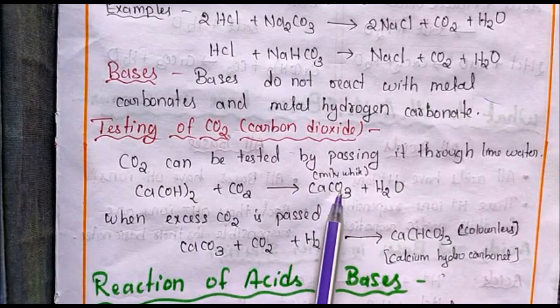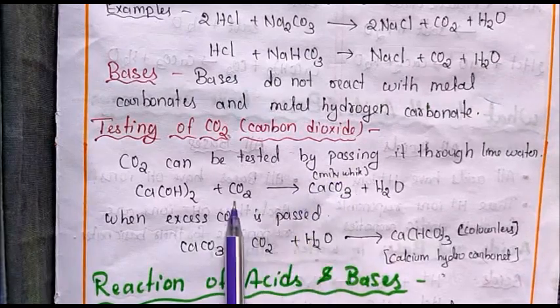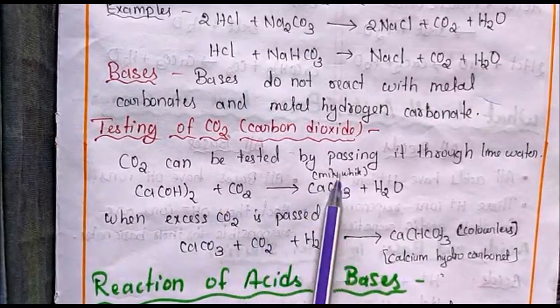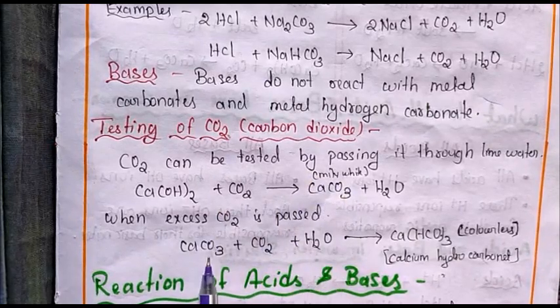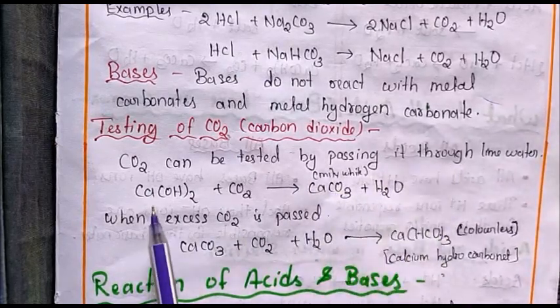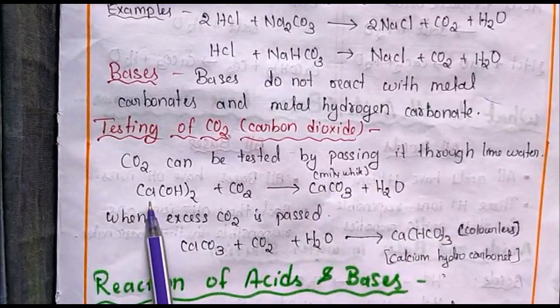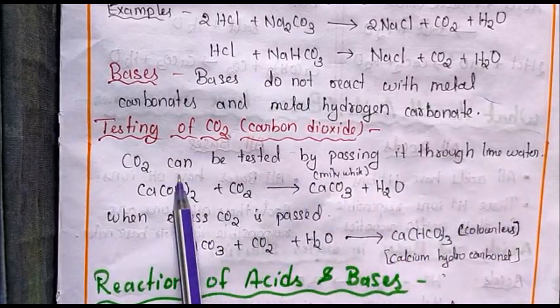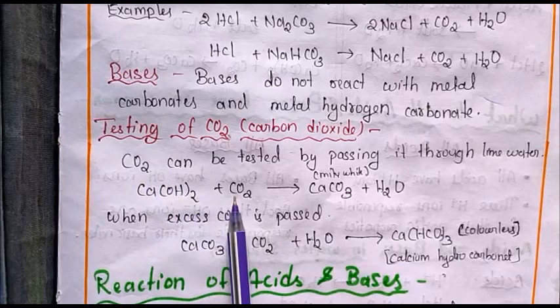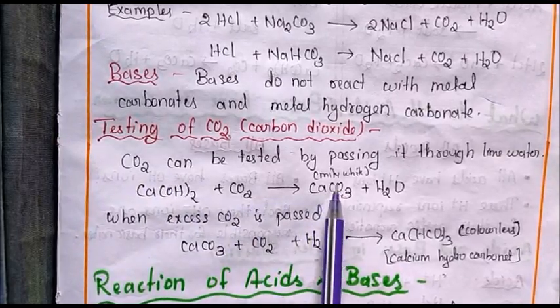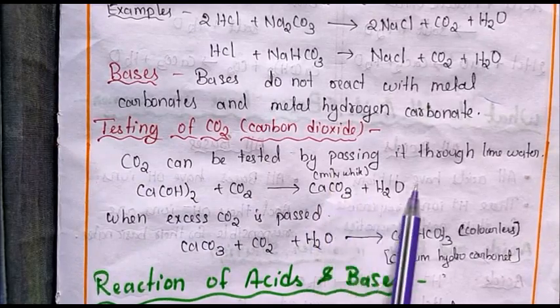How? When excess CO2 passes over the solution, calcium carbonate, CaCO3, plus CO2 plus water, is the product. See once again, when carbon dioxide is added to lime water, it produces calcium carbonate, which is milky white in color, plus water.